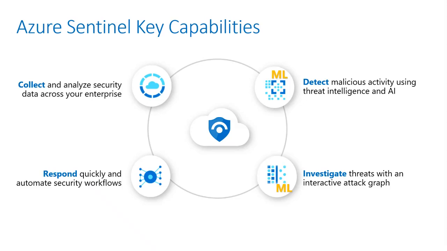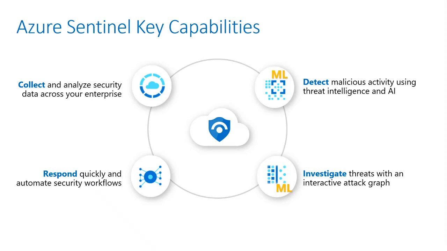For Fusion, we specifically focus on detecting those threats that are otherwise very hard to catch and minimizing false positives using our ML algorithm. You can then also investigate these threats detected by Fusion with an interactive attack graph, which helps you quickly respond and take action on these threats. So those are the key capabilities within Azure Sentinel.